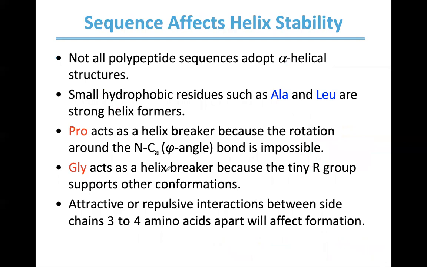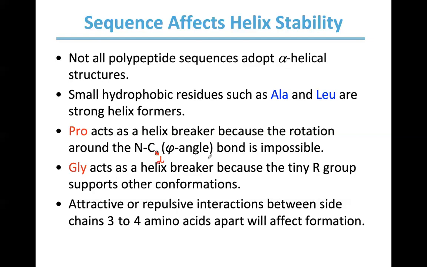All right, so not all polypeptide sequences adopt alpha helices. Small hydrophobics such as alanine and leucine are strong helix formers. Now proline acts as a helix breaker because the rotation around the N-C alpha bond is impossible, right?